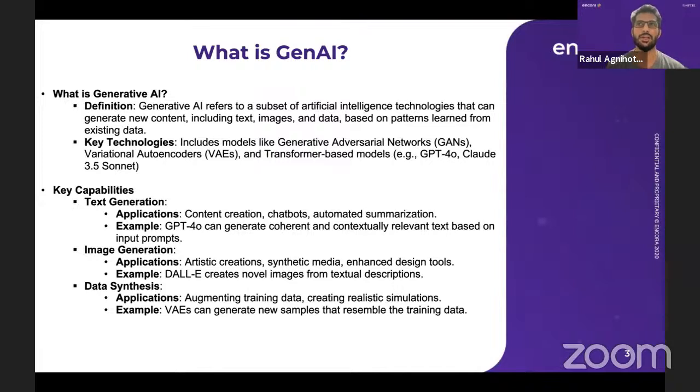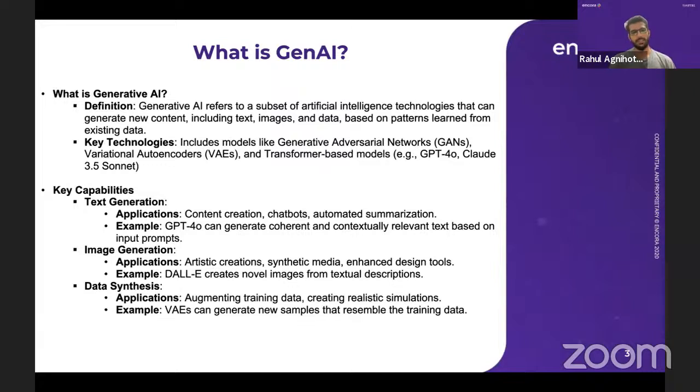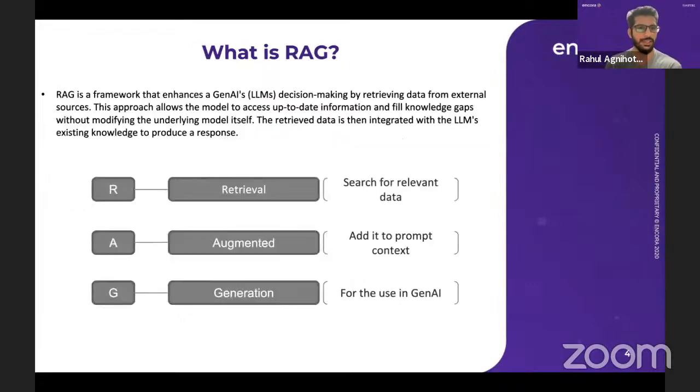For example, there's a model called DALL-E or Midjourney. And you can also use the GenAI model to generate data itself. You can synthesize artificial data for your own uses. So this is a little bit of GenAI. I will dive into key terms of machine learning and generative AI as we proceed further.